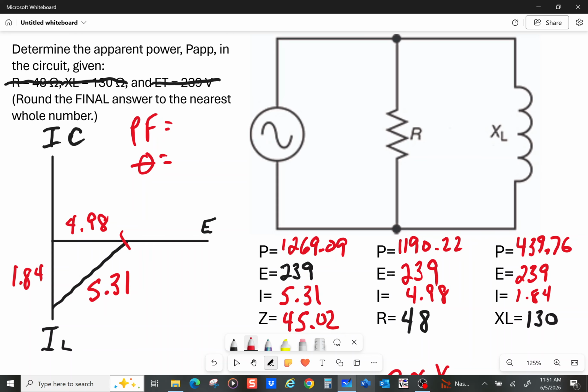In this case here, we can also do one of two ways. We can do resistive current, and that's the one I'm going to do right now. Resistive current, 4.98, divided by my total current, which is 5.31. And when I take my 4.98 divided by 5.31, I get a power factor of basically 93.8%.